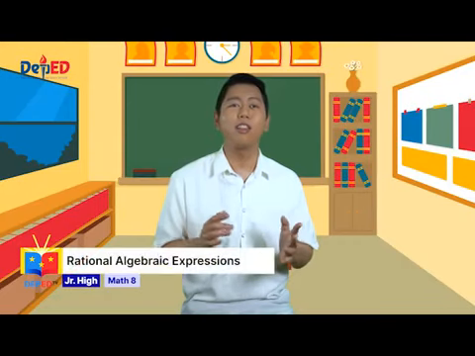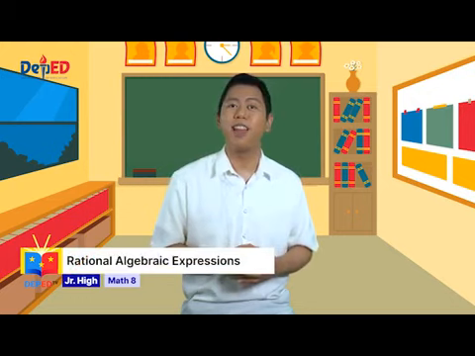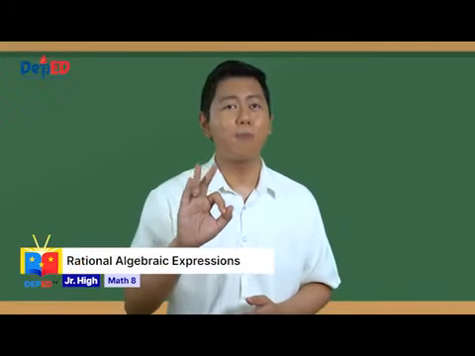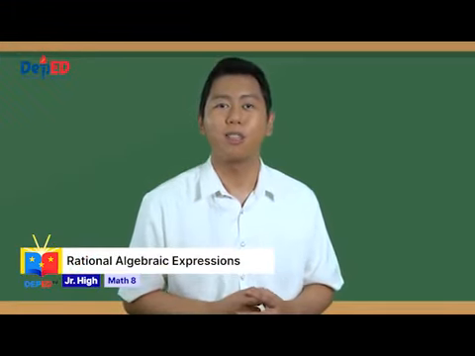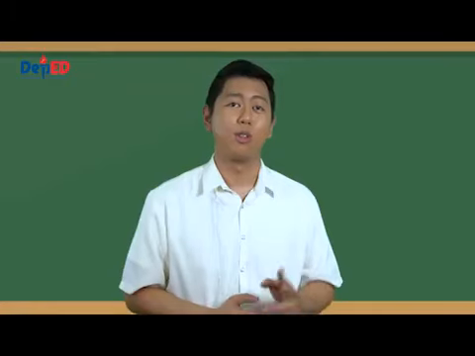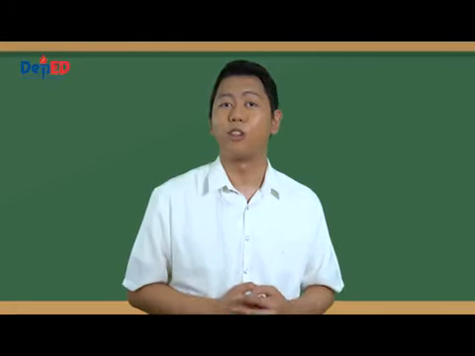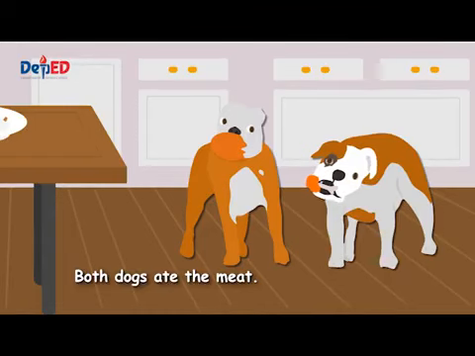If the house is entirely secure, such that no other people can enter it, there are 3 possible scenarios that can explain what happened. 1. Ace is responsible for eating the meat, and Bruno is innocent. 2. Bruno ate the meat, and Ace is innocent. Or 3. Both dogs ate the meat.